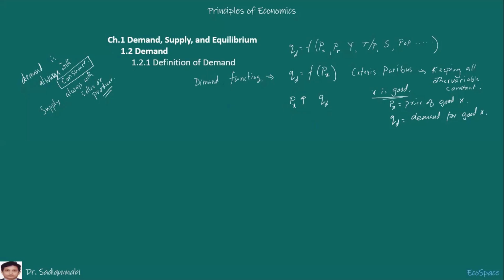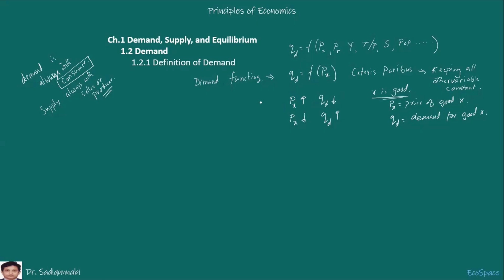Then, sir, it will decrease if the price is higher. So when price increases, quantity demanded decreases, right? Yes, sir. Okay, so when the price of X decreases, quantity demanded increases. So there is a negative relationship.